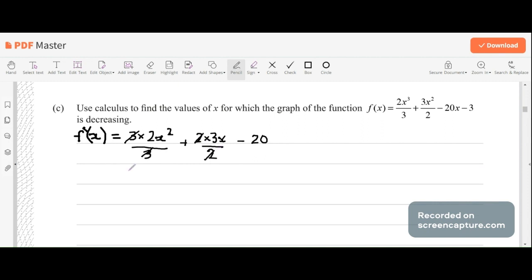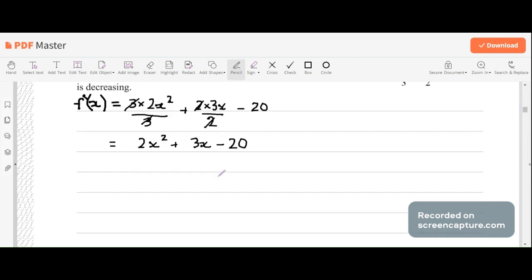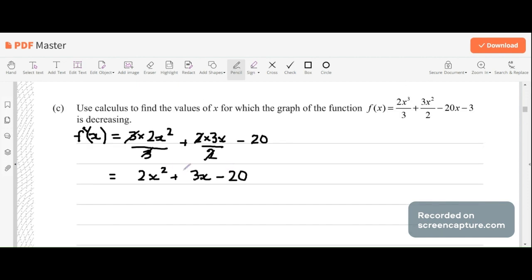Okay, and then we have 2x squared plus 3x minus 20. Okay, so this is our gradient function.